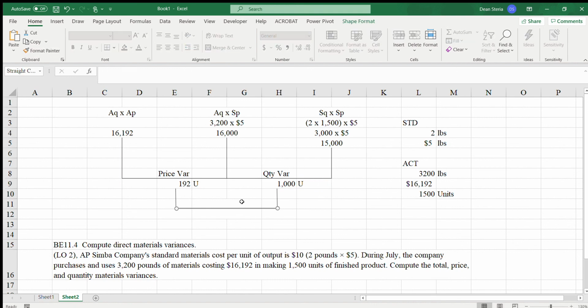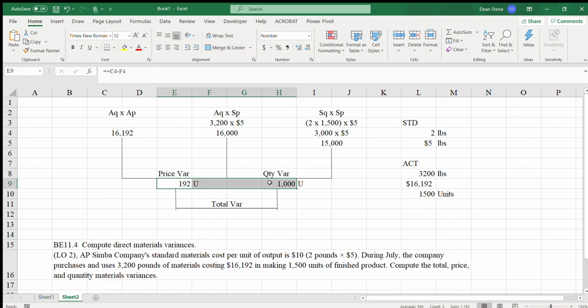Now to calculate our total variance, there's a couple different ways we can take it. We can take these two numbers here, which is 1,000 and 192, both unfavorable. If they're the same, we can just add them. But let's say if this 192 was favorable, then we would take the 1,000 minus the 192, and then that would give us our unfavorable variance.